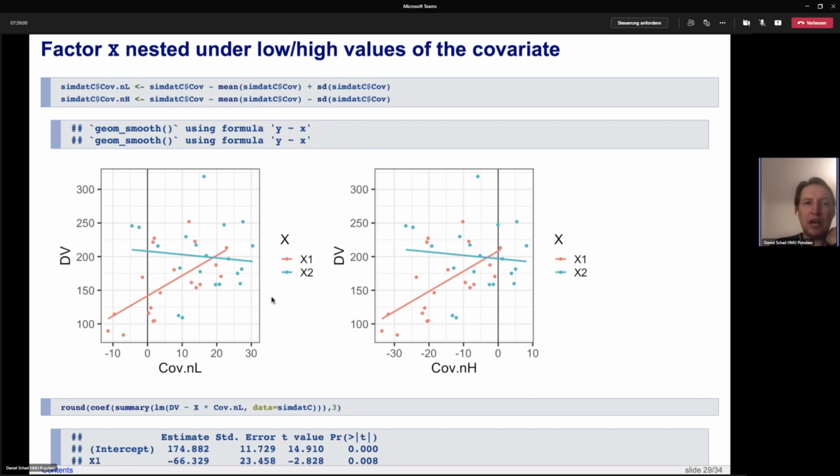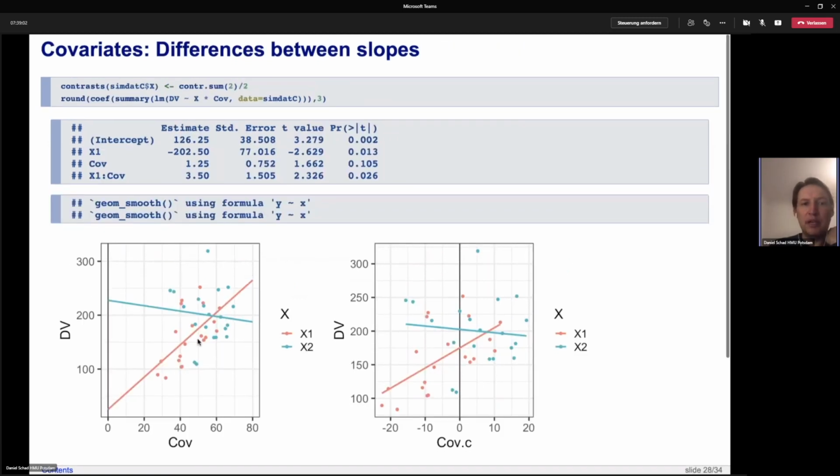So how would we analyze such a data set? Let's say we use effect coding for the factor X. So sum coding divided by 2, then this should be minus 0.5 and plus 0.5.